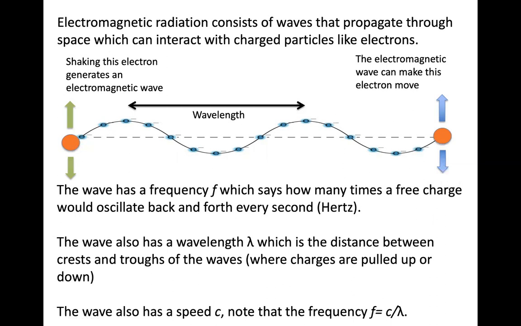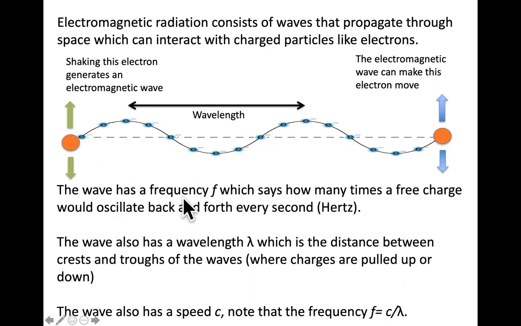And it will oscillate up and down at the same rate as this first charged particle. The way we understand that is that this oscillation produces a disturbance in the electric and magnetic fields that cause distant charges to move.